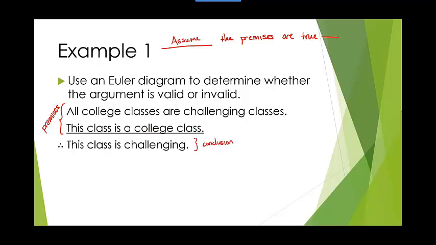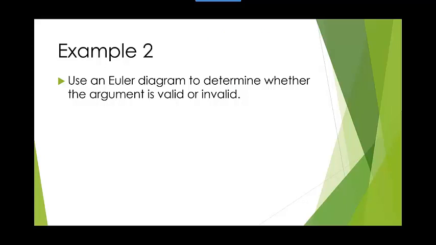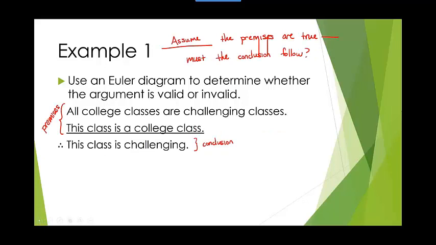So basically what the question is asking when they ask whether the argument is valid is: must the conclusion follow from the premises? If we assume that this class is a college class, and if we assume that all college classes are challenging classes, can we conclude that this class must be challenging?